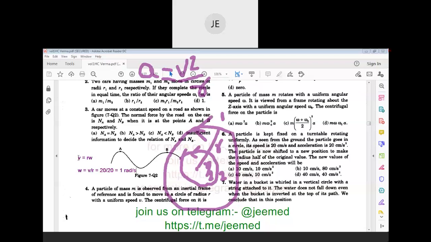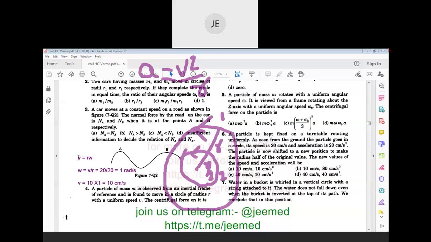And omega is angular, radian per second. Theta is angular, omega is angular, alpha is angular, so there you will get radians. Omega you got as 1. Then v is equal to r omega, with r is 10 and omega is 1. So v is equal to 10 centimeter per second.